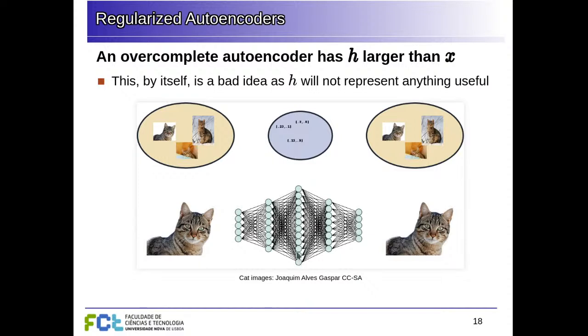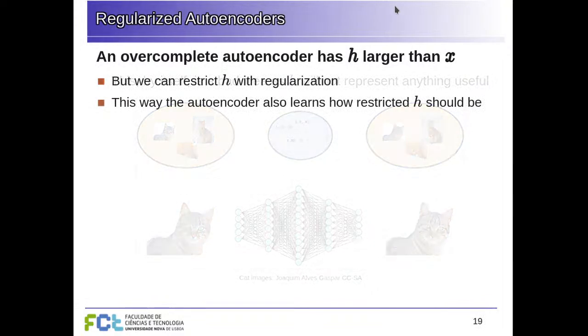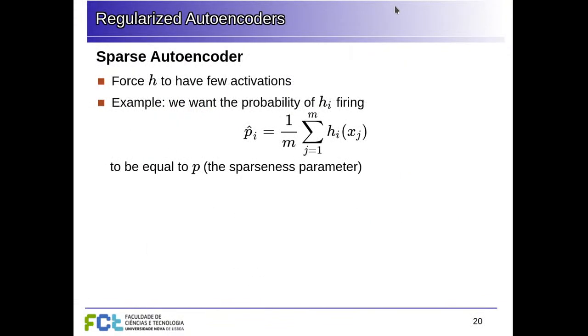For example, 5% of them. So even though we can have 100 neurons, for each example, only 5 of them on average will be firing. This will give us a sparse representation of the data, with only a few values different than 0 for the representation of each example. So this is the idea of the sparse autoencoder.